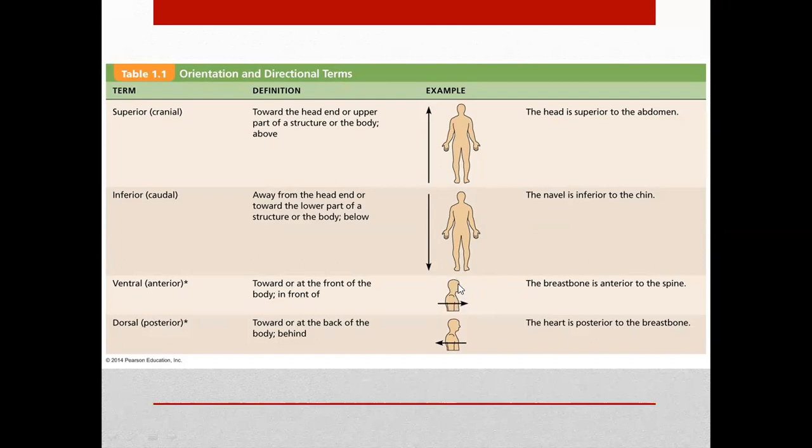Ventral is also called anterior and dorsal is also called posterior. So the breastbone is anterior to the spine. If this is your spine and this is your breastbone, you would say the breastbone is anterior to the spine.